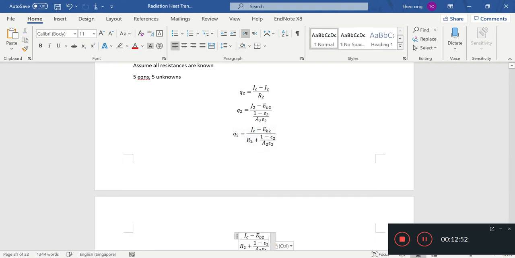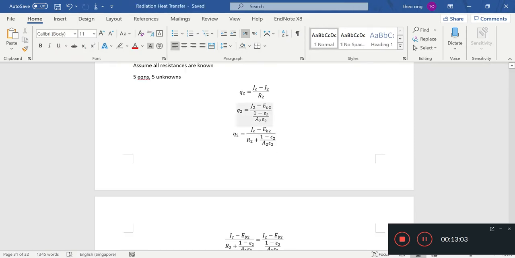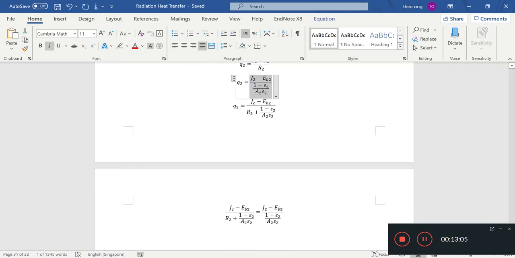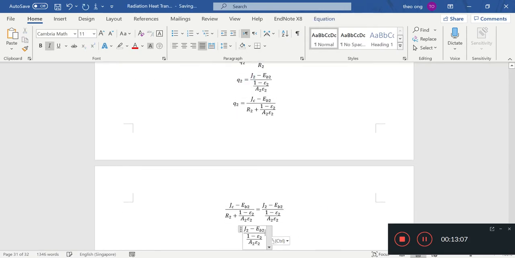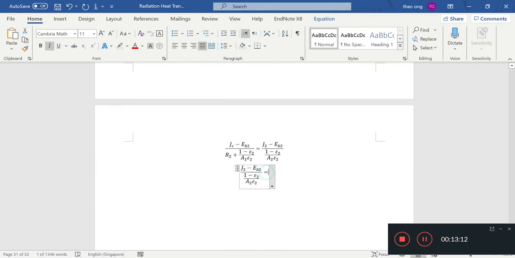So I'm going to combine the last equation with the second last equation. That will eliminate Q2, and then I will also combine the second equation with the first equation. That eliminates Q2. So this is a simultaneous system of 2 equations with 2 unknowns, which is more or less straightforward to solve.